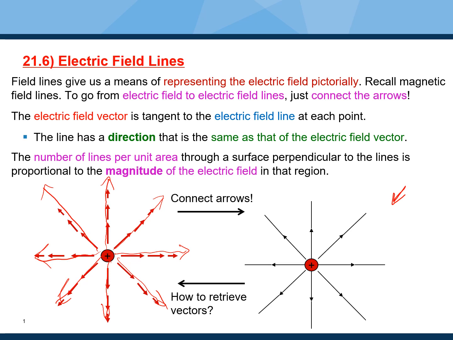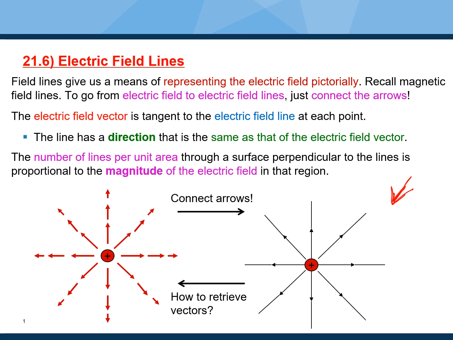On the left panel, and I'll go ahead and erase the lines that we put, you have an electric field being depicted. In the right panel, you have electric field lines being depicted, and we have a reason to think that the electric field line depiction is easier to display, and it conveys, hopefully, the same type of information.